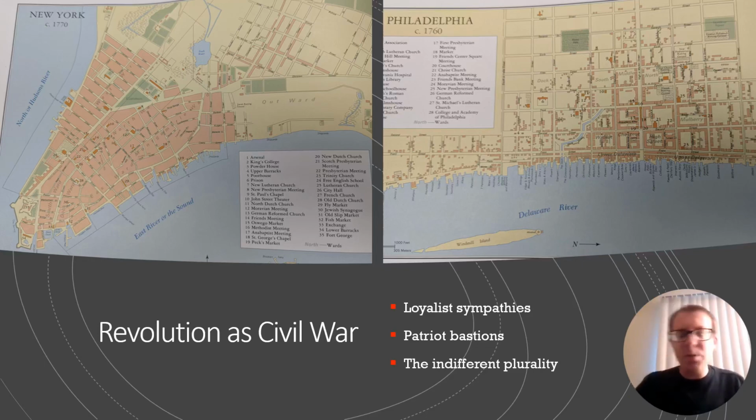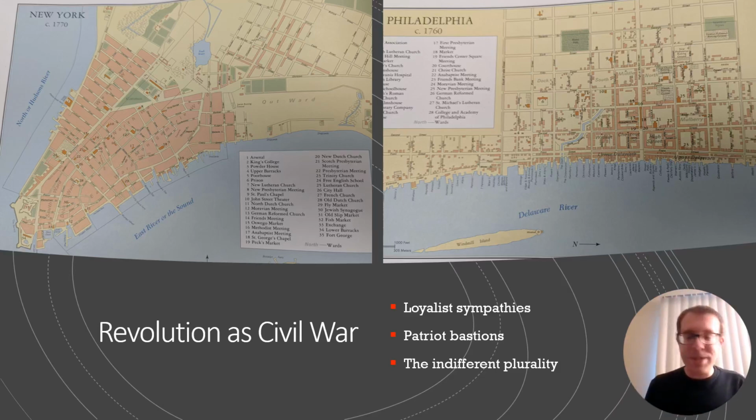And so what you see during the American Revolution is the Continental Army under George Washington might come into a city or a town, or local American militias might come in, and suddenly everyone in the streets are patriots, right? And then the British Army might throw out the local militia and occupy a city or a town, and suddenly your average person is now a firm supporter of Britain.